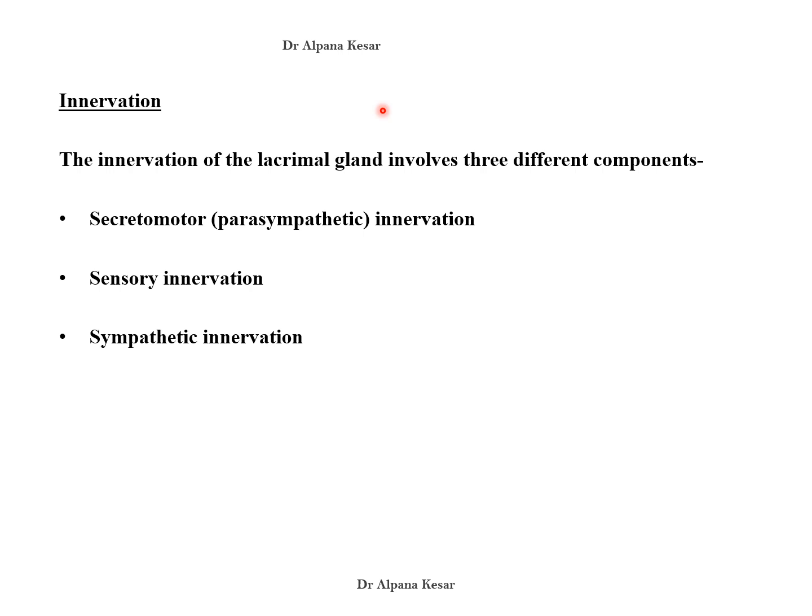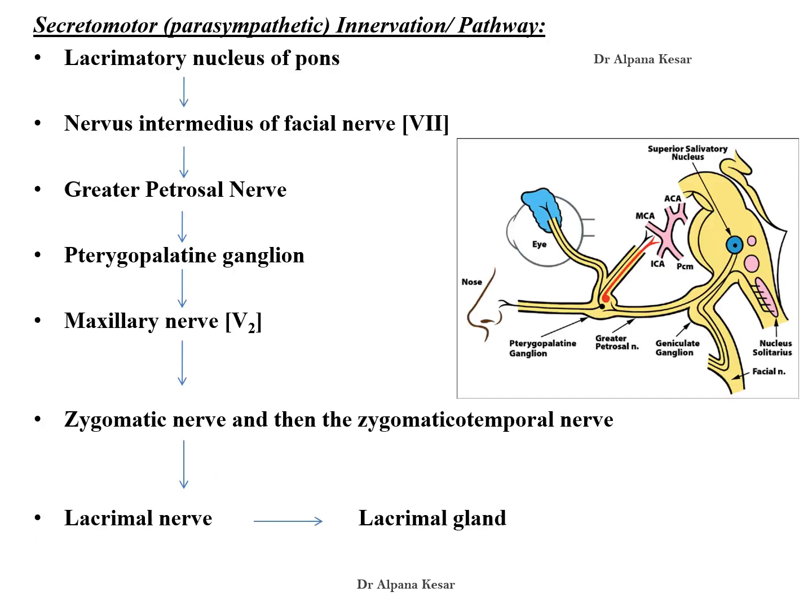Innervation of lacrimal gland involves three components, namely secretomotor, sensory, and sympathetic. The secretomotor or parasympathetic innervation of the lacrimal gland follows the following pathway. The preganglionic fibers begin in the lacrimatory nucleus of pons.